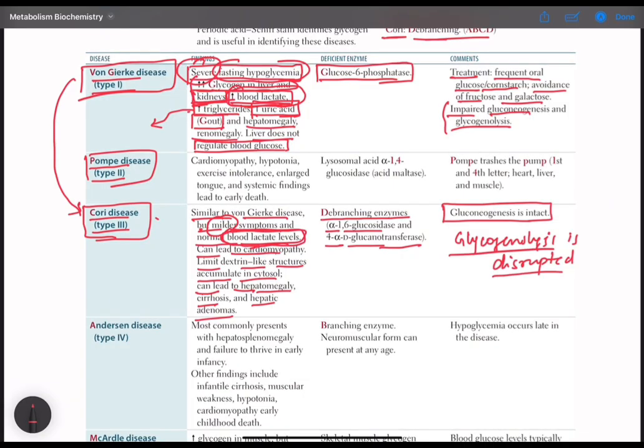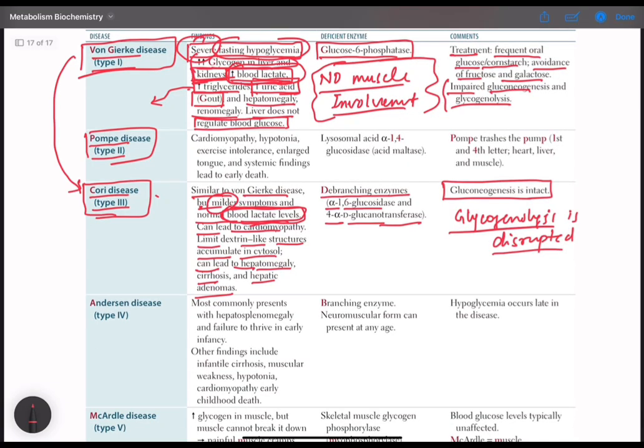Another thing is that in von Gierke disease the patient has no muscle involvement because muscles lack glucose 6 phosphatase. But in Cori disease, the patient has muscle involvement, so the patient may experience hypotonia, cramps, etc., because the glycogen stored in muscle cannot be broken down due to the deficiency of debranching enzyme.